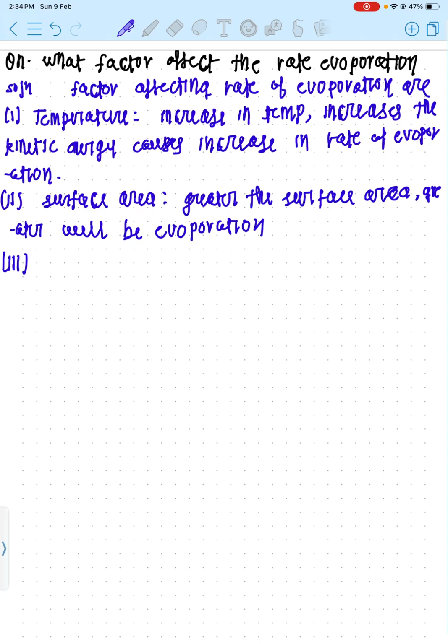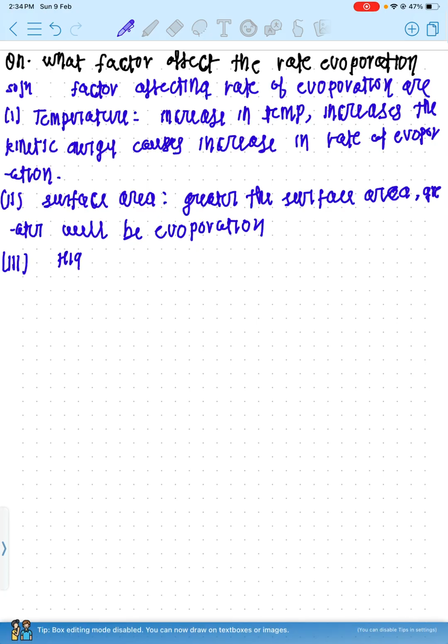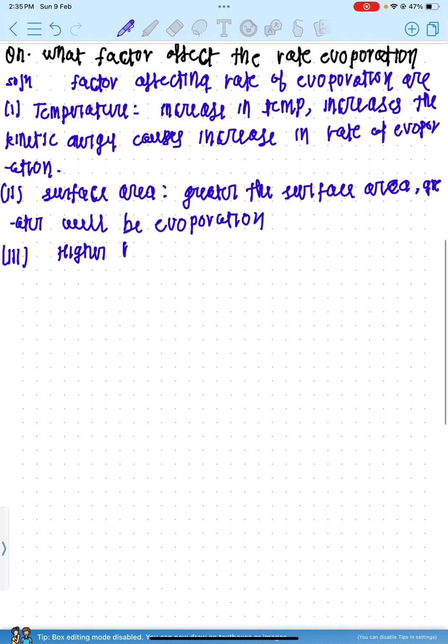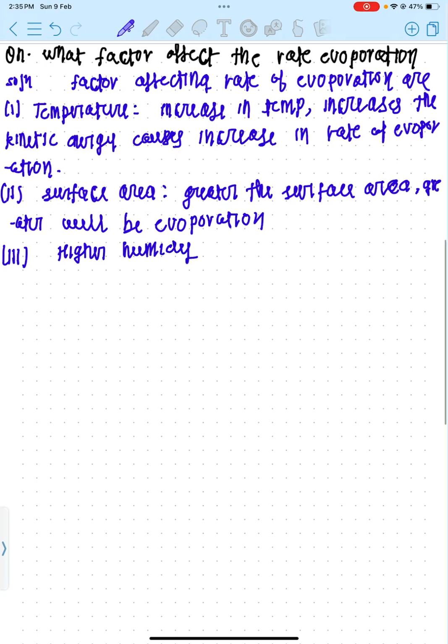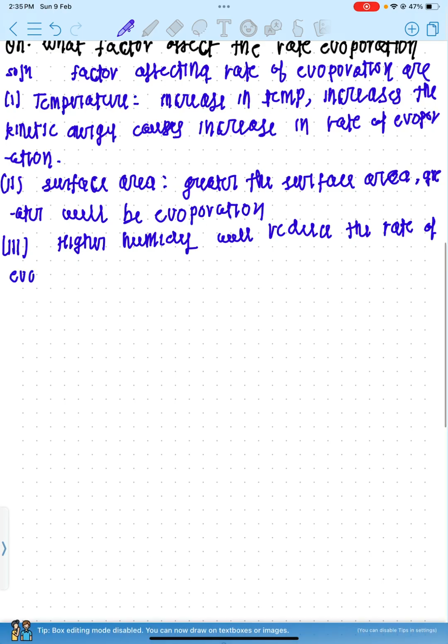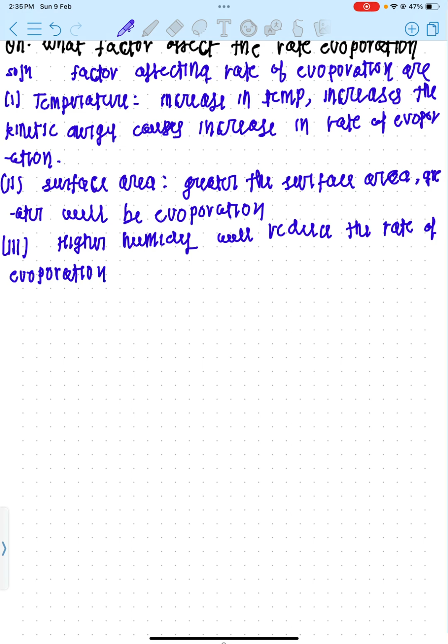Also, lower humidity creates a greater difference in concentration, and that will allow the particles to evaporate faster.